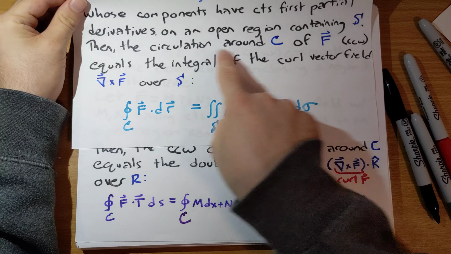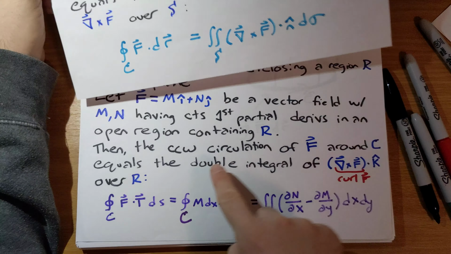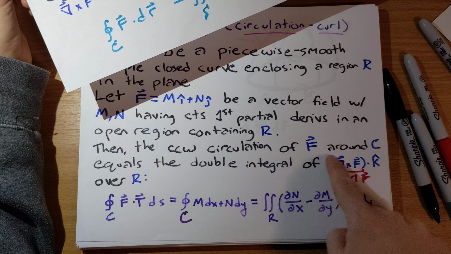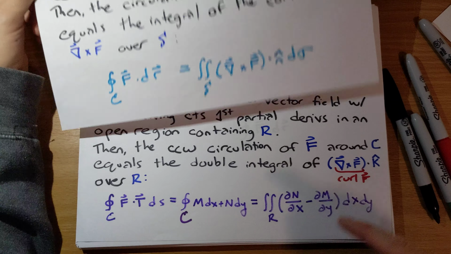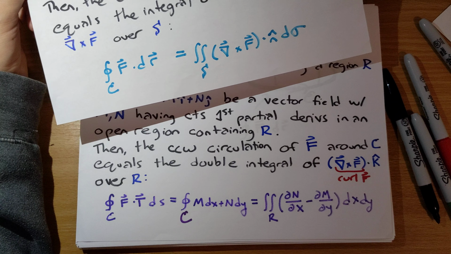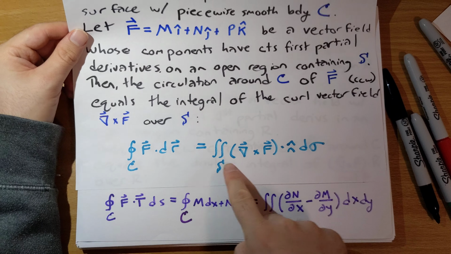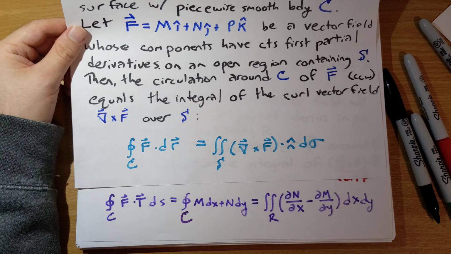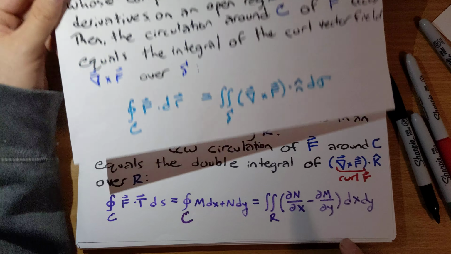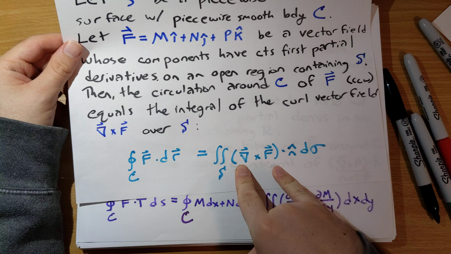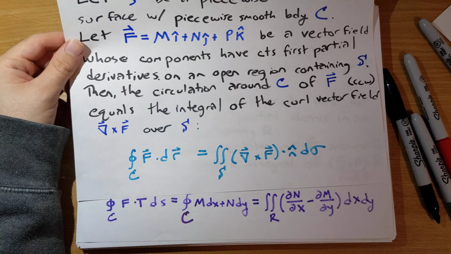We have a vector field F here. And then the circulation of F around C, counterclockwise, equals the double integral of the curl of F in Stokes' theorem.